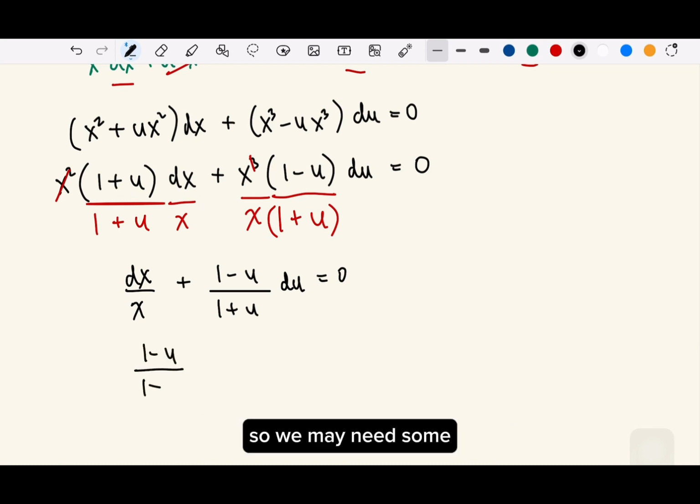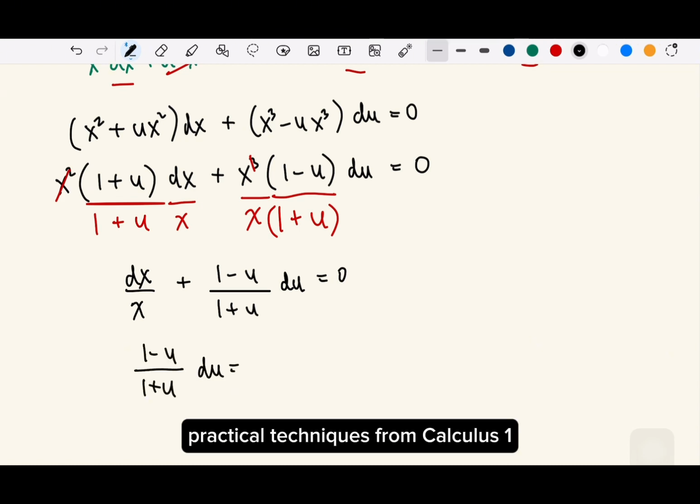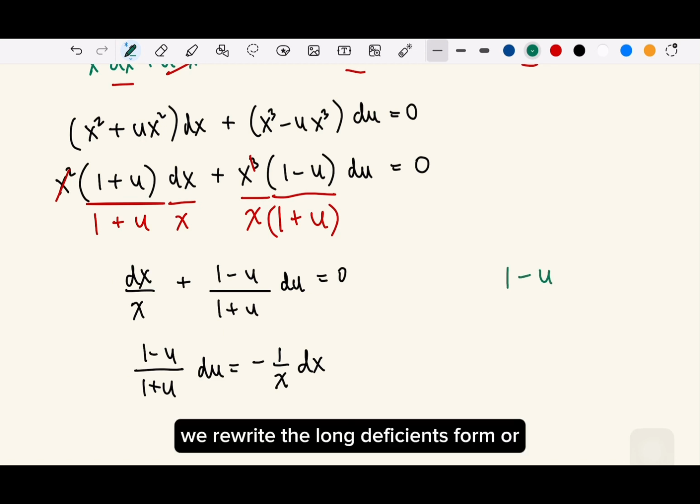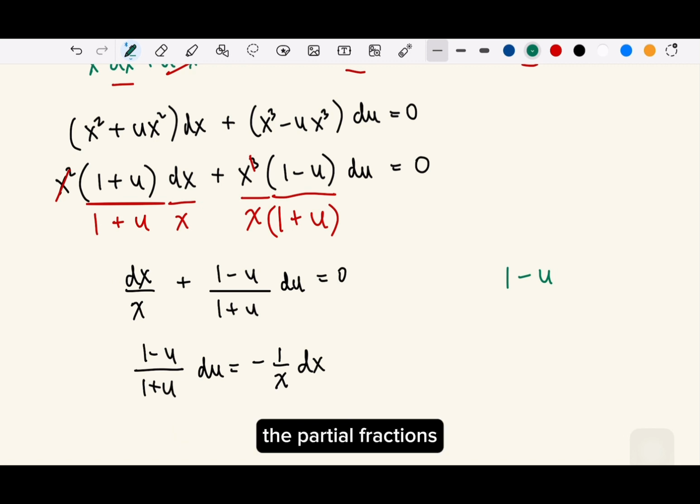Okay, so we may need some practical techniques from calculus 1. Especially for this one, we need to rewrite it with long division or partial fractions.